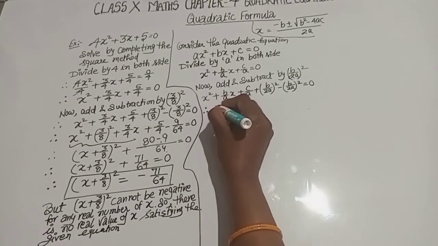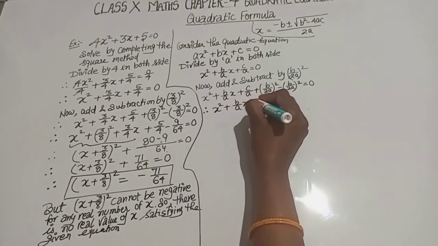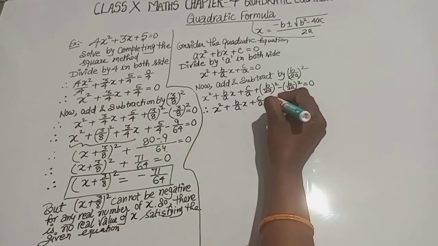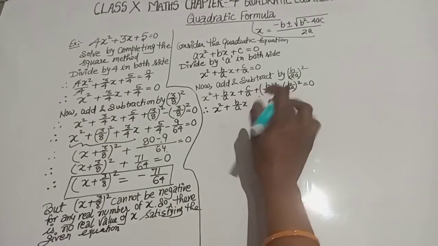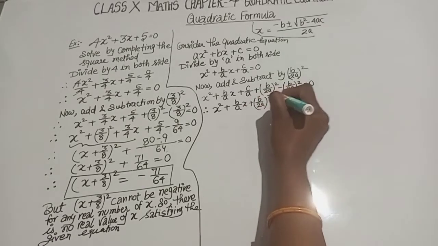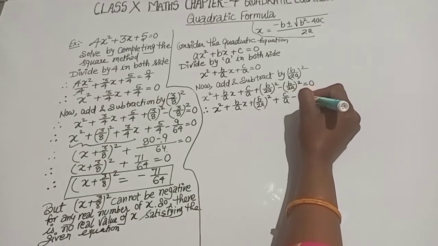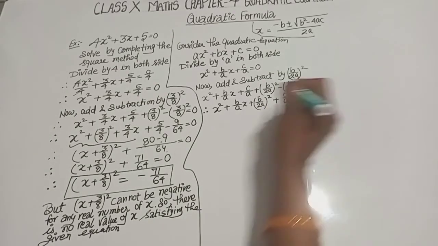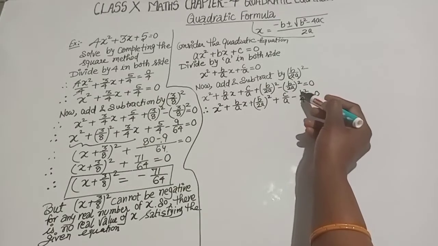The first three terms form a perfect square, and plus c by a, and b by 2a whole square is b square upon 4a square. When we open this bracket, it is b square over 4a square.